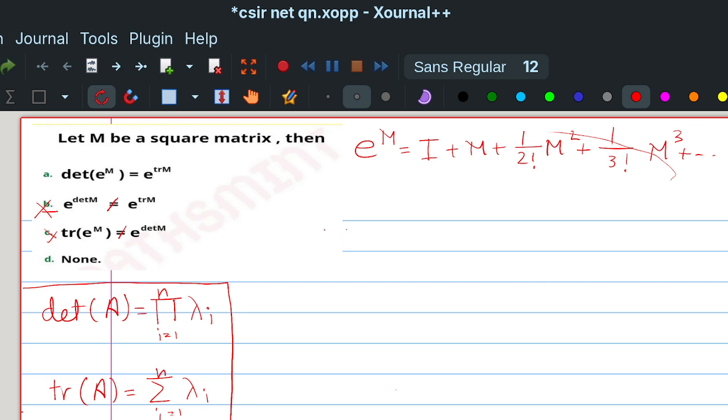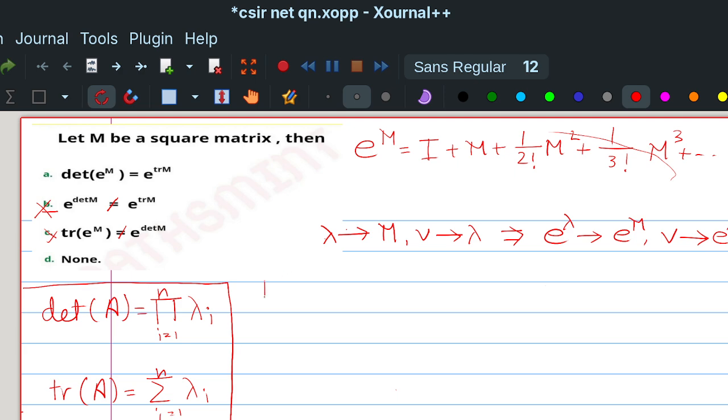Before that, I will prove another result, which is: if lambda is an eigenvalue of the matrix M and v is the corresponding eigenvector to lambda, then we can say that e to the power lambda is an eigenvalue of e to the power M and v is the corresponding eigenvector.